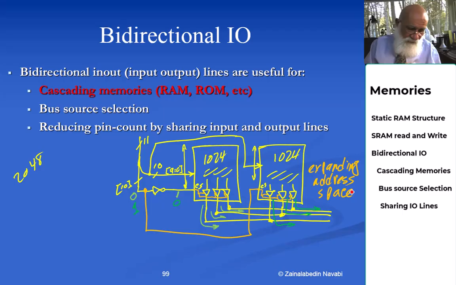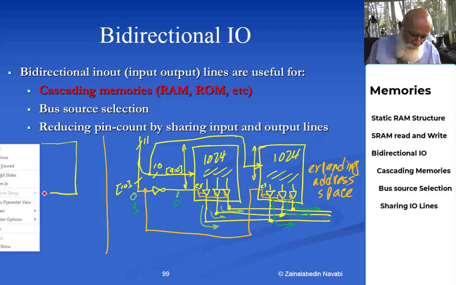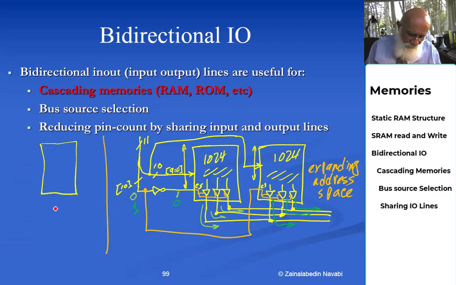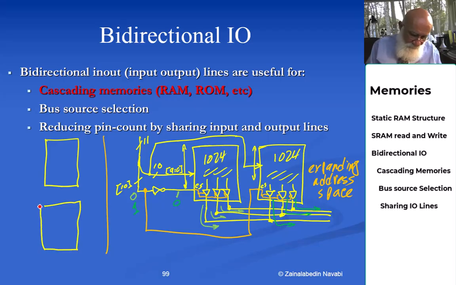And if you were to expand the word length, this is how you would go about it. Again, let's assume that this is a 1024 by 3. 10 address lines, 10 address lines.